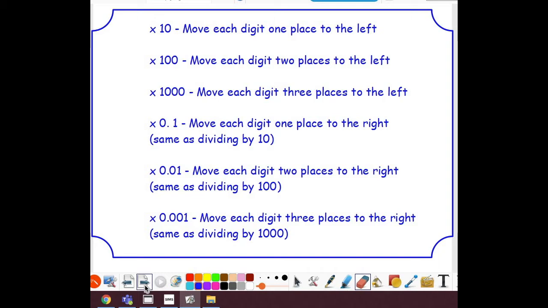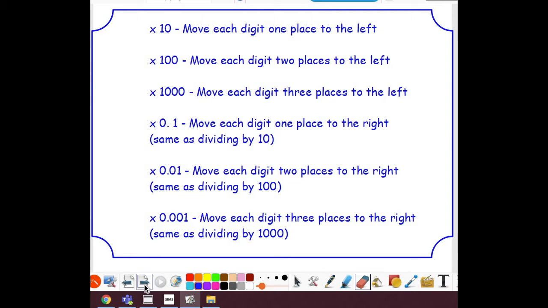Some other points here and some mathematical facts that we need to know and can help us with calculations. Multiplying by 0.1 is actually the same as dividing by 10. So we'd move each digit one place to the right. Multiplying by 0.01 is the same as dividing by 100.